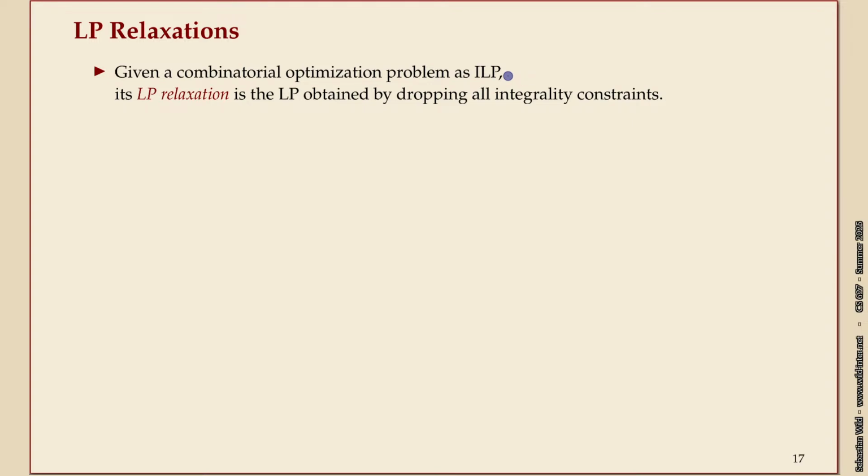I should be a bit specific that you can oftentimes model the same combinatorial optimization problem in slightly different ways. You can encode it in different ways as an integer linear program. And so there might be different ways to get an LP relaxation. The specific LP relaxation is always specific to one way to model the problem. And there can be more or less smart ways, but for now, let's ignore that.